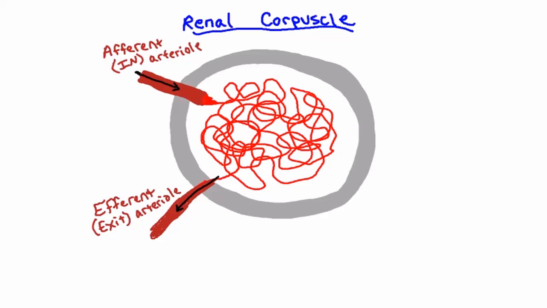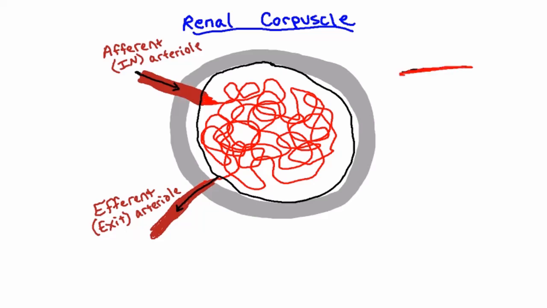But while the blood is inside the Bowman's capsule, while it's in here, in these capillaries, pretty much what happens is your blood pressure causes these capillaries to squeeze, and the capillary itself has little tiny pores in it, just barely enough, not enough to lose your blood so you're bleeding inside, but just enough little teeny tiny pores.